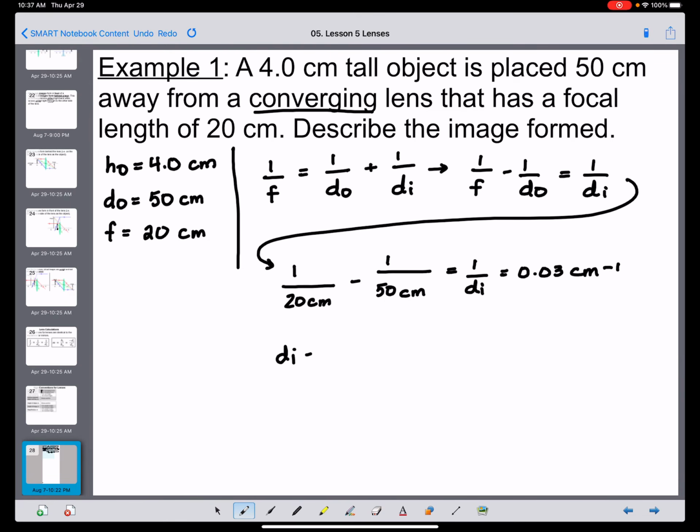So that means DI is 1 over 0.03 centimeters inverse, which gives 33.3 repeating centimeters. When I look at this DI value, I see that I got a positive value. Because it was a positive value for DI, that tells me that this is a real image. And we also know that if it's a real image, it's going to be inverted.